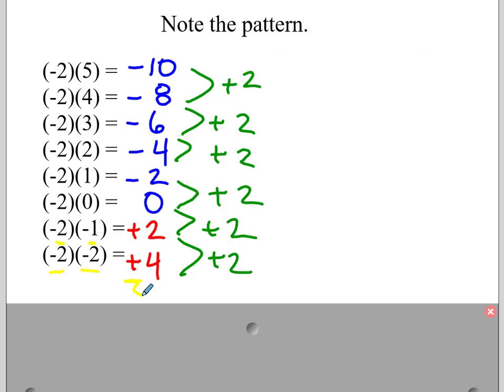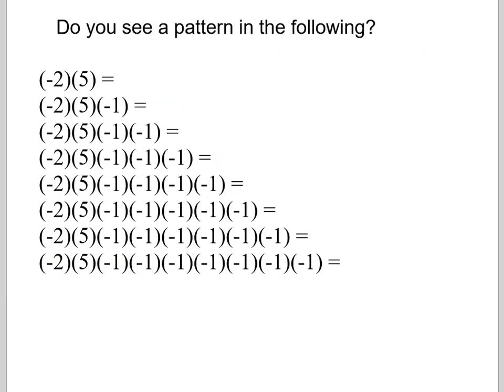If you have some ways of remembering that, I'll summarize it in a second, but let's see what this looks like when it gets kind of messy and complicated. Negative 2 times 5 is negative 10. You'll notice that negative 10 shows up here, and then I'm going to multiply it by a negative 1. This would be negative 10.